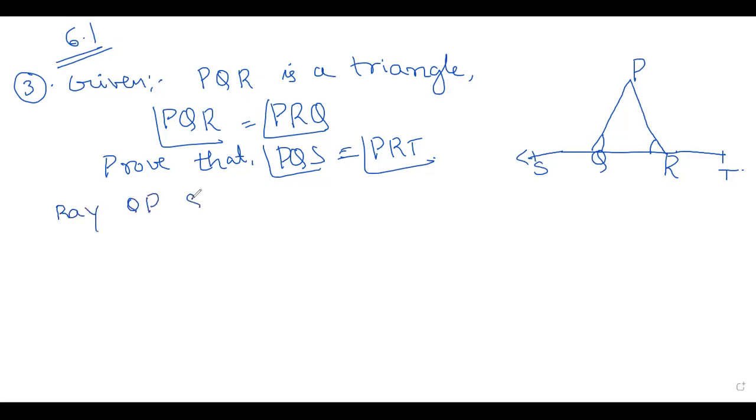QP stands on the line ST, right? PQ is standing on the line ST, you know, that is, these two are linear pair of angles. For this, how can you write? PR is standing on the line ST. Then the linear pairs, it is called linear pair. The sum will be 180.